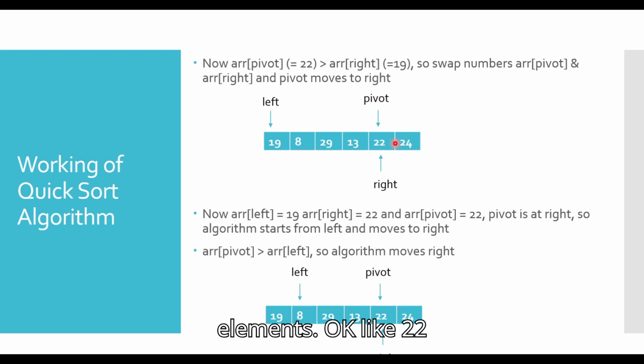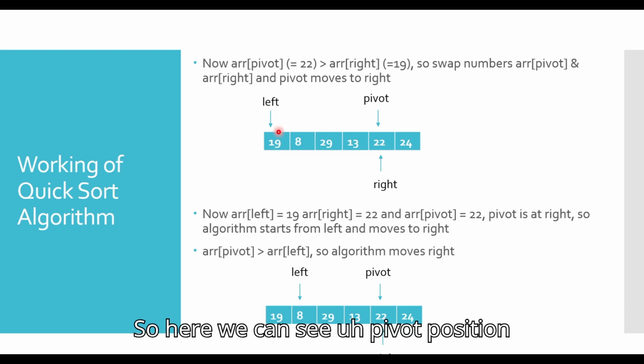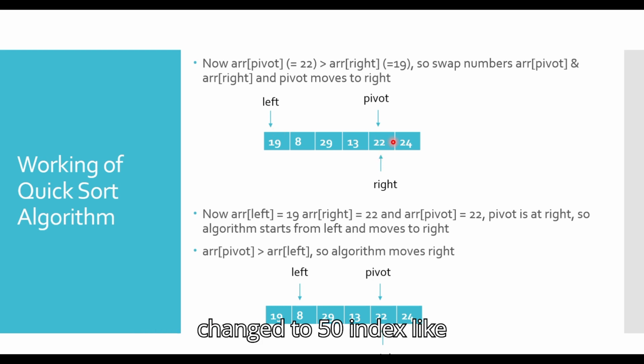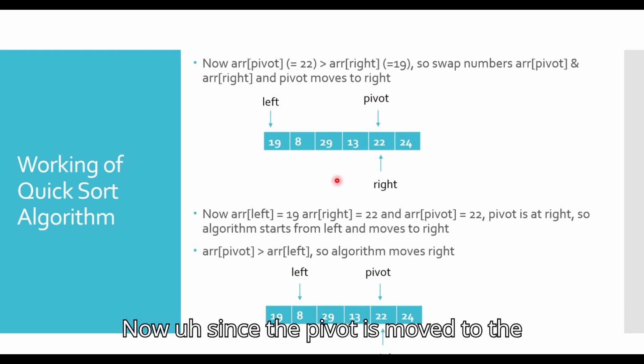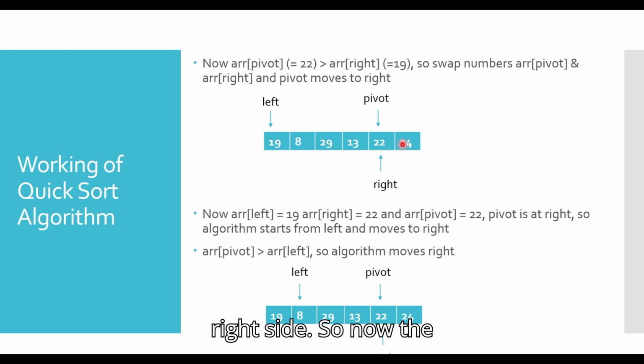22 will be at the fifth index and 19 at the first. Here we can see the pivot position changed to the fifth index, pointing at 22. Now since the pivot has moved to the right side, the comparison will move from left to right.